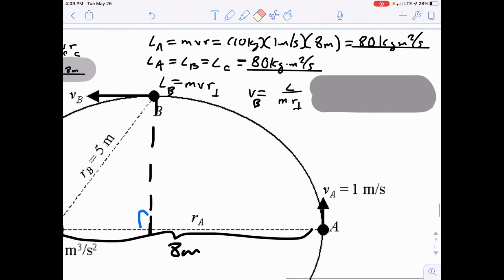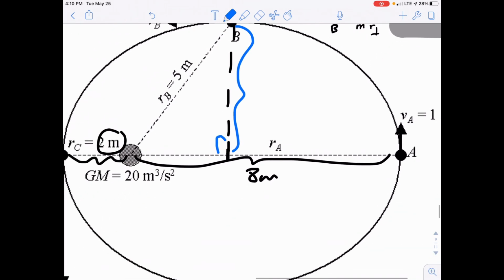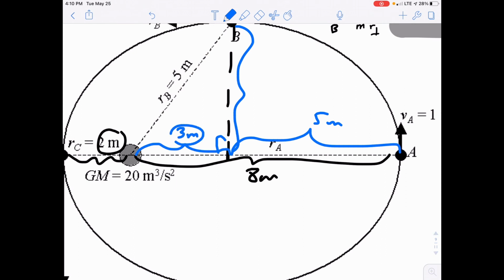So let's find that speed. What would R perpendicular be? Well, if this is 8 meters, and this over here is 5 meters, then 5 from 8 would mean that this remaining chunk is 3 meters. This is a 3, 4, 5 triangle, which makes it easy to work with.